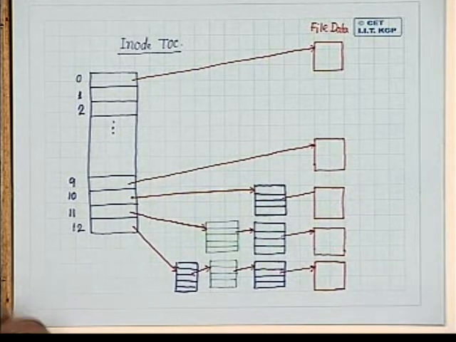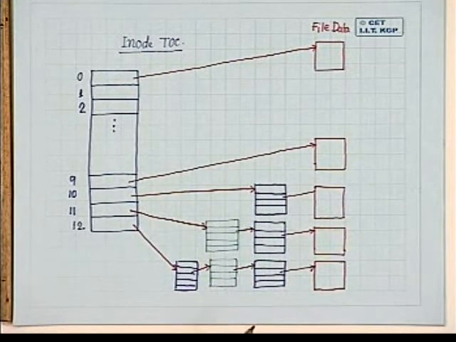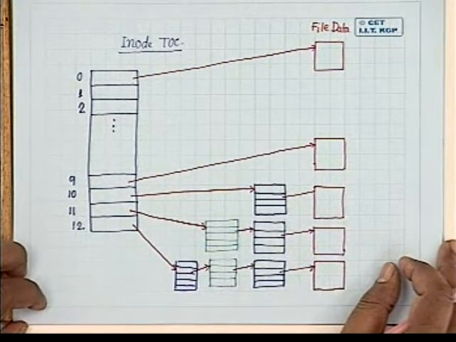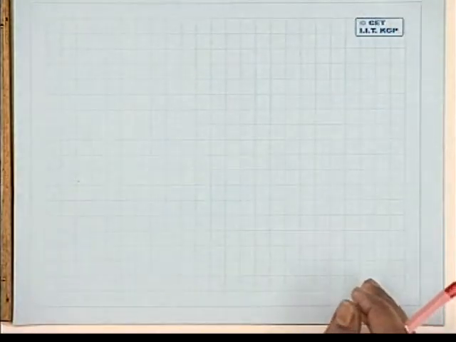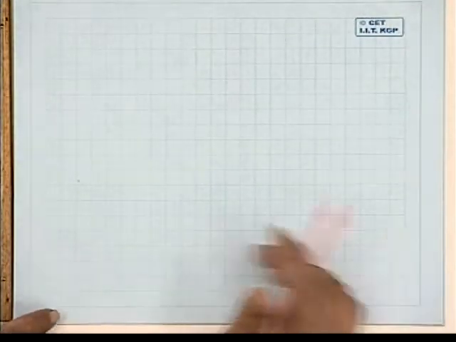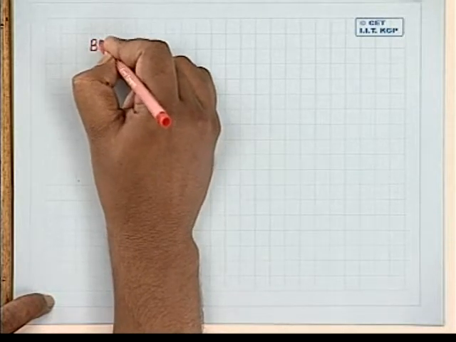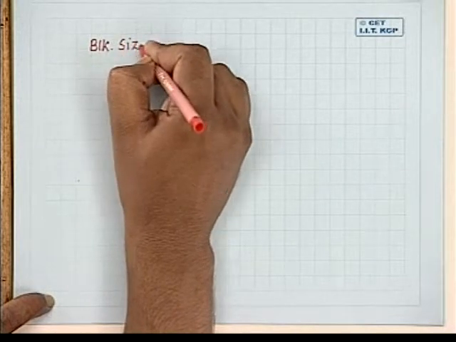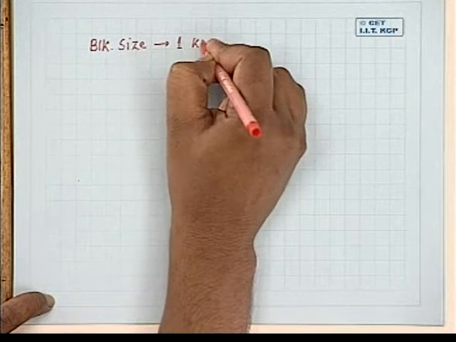Okay. Now find that having this type of architecture in the inode table of contents, the size of a file can be very large. Okay. It is simply because if I assume that on a file system, every block is of size say 1 kilobyte. So block size is 1 kilobyte.